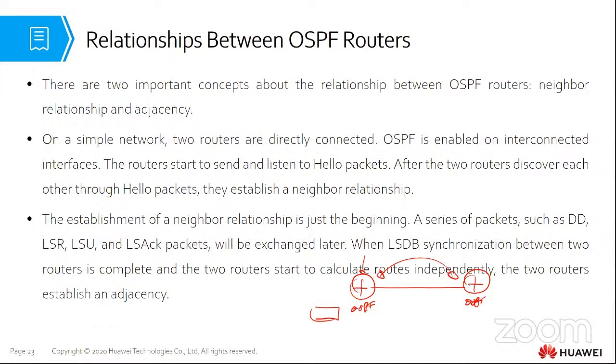One important thing you need to know about OSPF is the two kinds of relationships. One of those two kinds of relationships is called a neighbor relationship. Okay? Neighbor relationship.